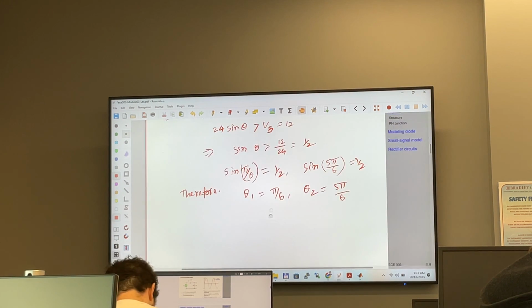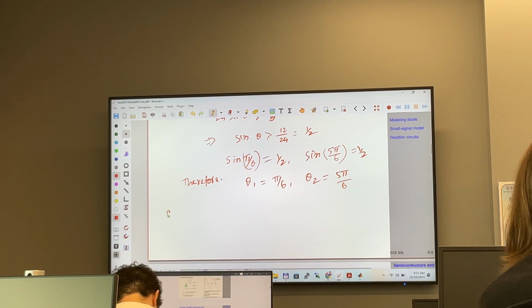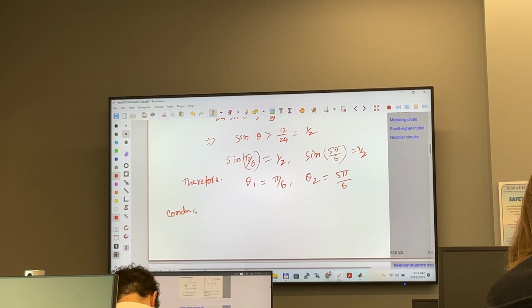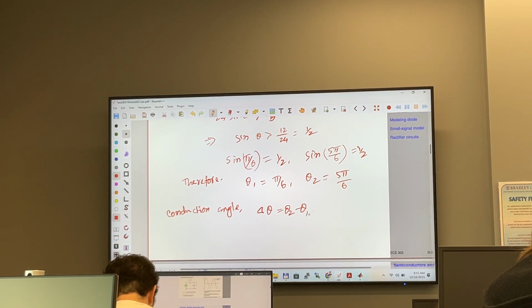So the conduction angle, delta theta, is theta 2 minus theta 1, which is 5 pi over 6 minus pi over 6.